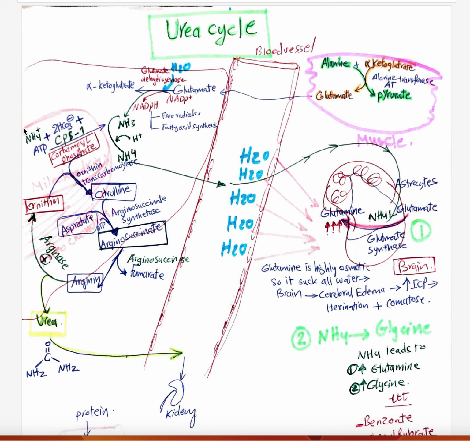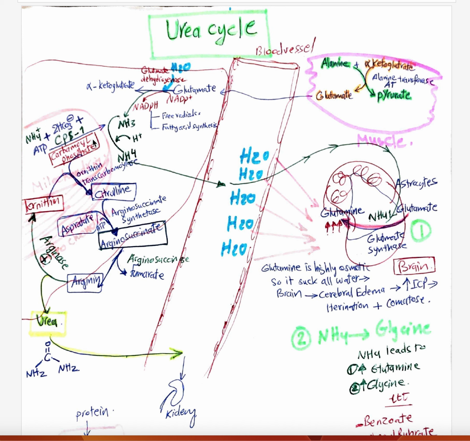So we have ammonia, or ammonium, NH3 plus CO2 plus ATP, or NH4 plus HCO3 plus ATP, and by the enzyme called carbamyl phosphate synthetase enzyme 1, because we have two types, that leads to the formation of carbamyl phosphate.